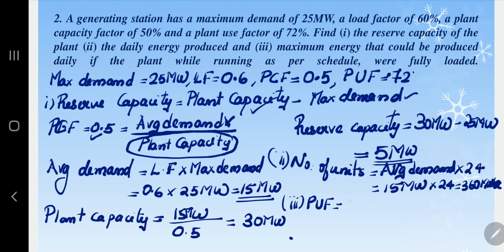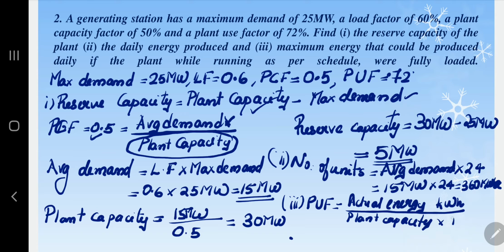The plant use factor is given by the equation: actual energy being produced in kilowatt hour divided by the plant capacity into the number of hours it is being used. This number of hours is not available for us.